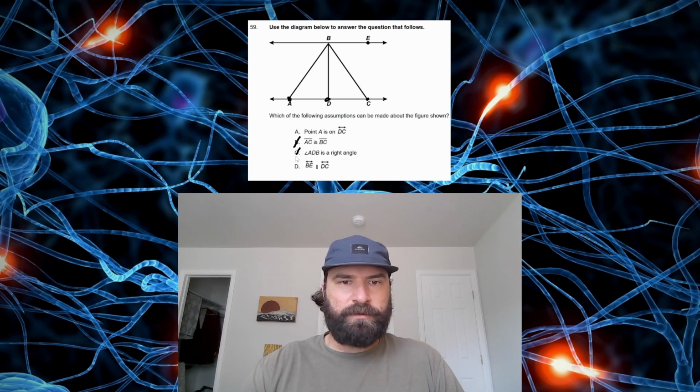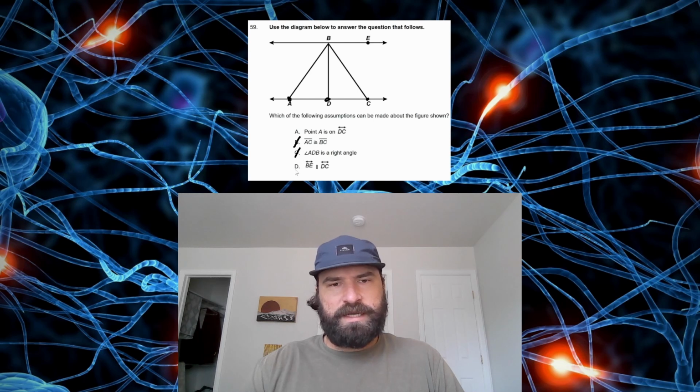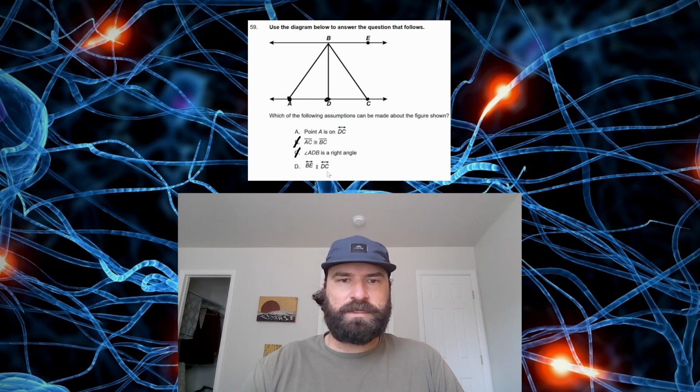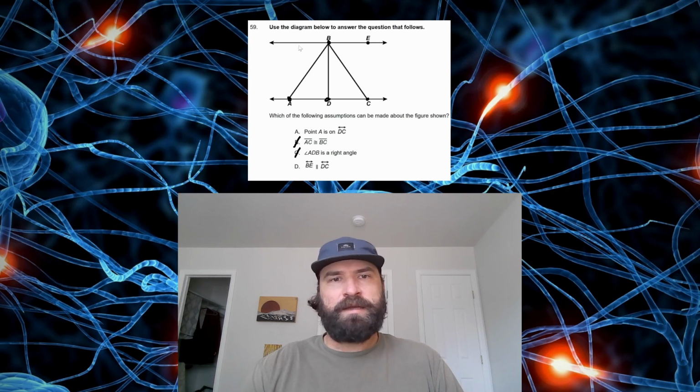Remove that right angle. And then it says line BE is parallel, that's what that little symbol means, to line DC. So again, line DC is the line on the bottom because it's the line containing the points D and C. And then the top line, BE, is this line containing the points B and E. So those two lines look parallel, but again, there's nothing telling us that they're parallel.